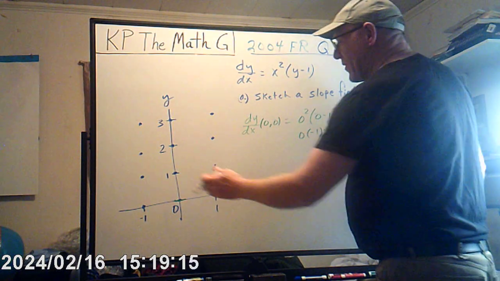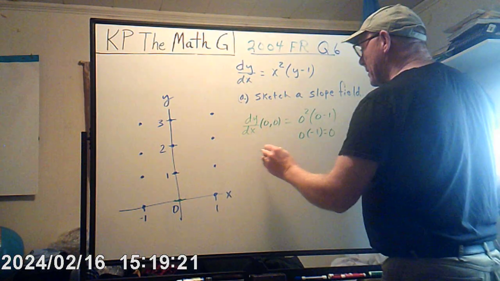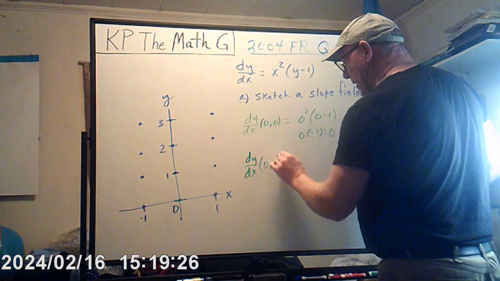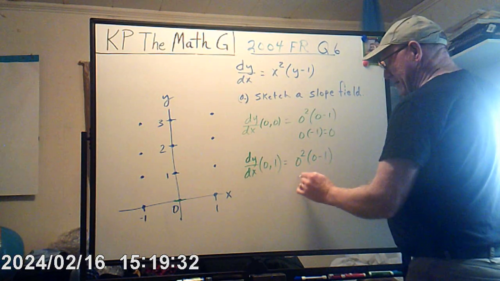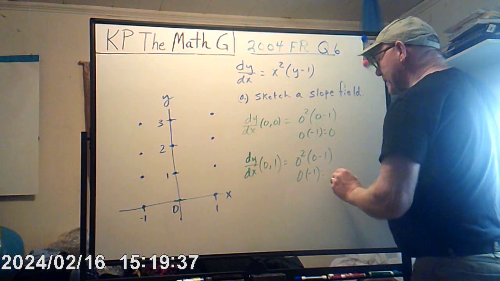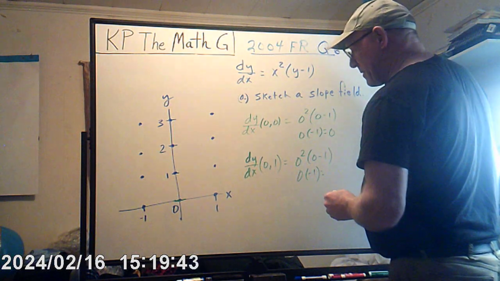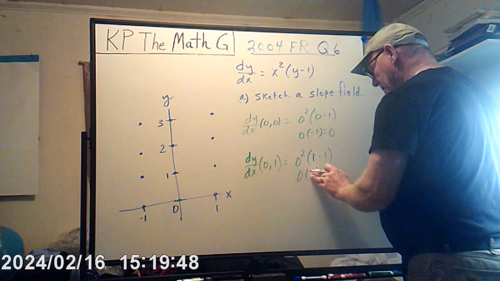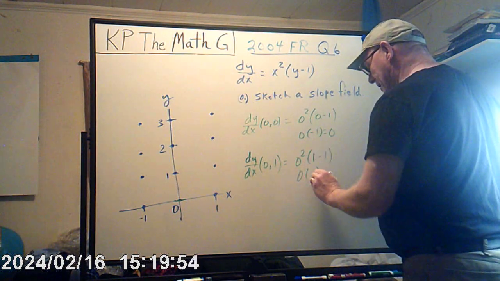As a matter of fact, if you think about it, 0, 1, 0, 2, and 0, 3 are also 0, because if we plugged in, let's say, dy dx at 0, 1, that's 0 squared times 0 minus 1. And this is still 0, isn't it? And 0 times anything is 0. 0 comma 1 is what we were looking at. 1 minus 1 is 0.